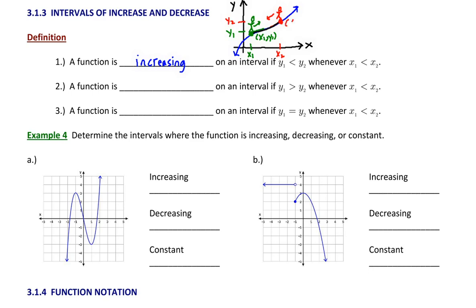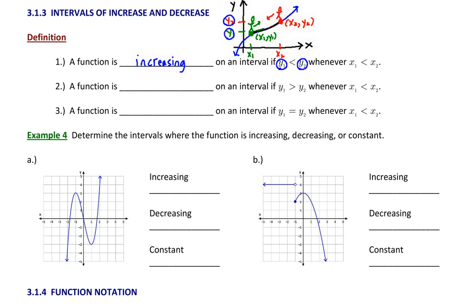So that's the ordered pair (x sub 2, y sub 2). So our definition says our function is increasing if the first y value that we encounter is lower than the second y value that we encounter. So notice our first y value here is lower than our second y value.